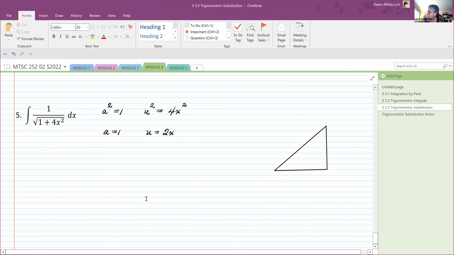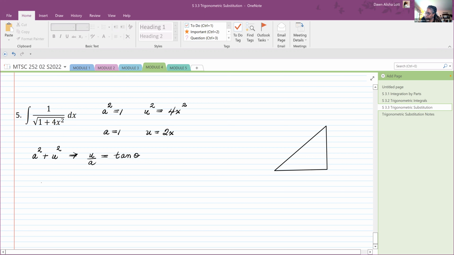Okay, so now we're going to have a squared plus u squared in the problem. So that says that u over a is the tangent of theta.